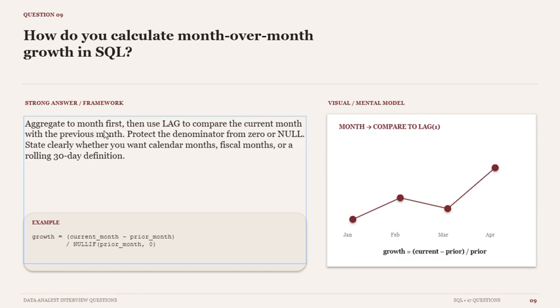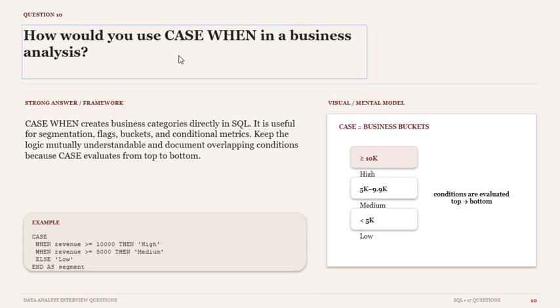So aggregate to month first and then use lag to compare the current month to the previous month. So here the lag function is what will help me. And then after that, because in the denominator I might get 0, I protect the denominator from 0 or null. So this month over month growth is also very important.